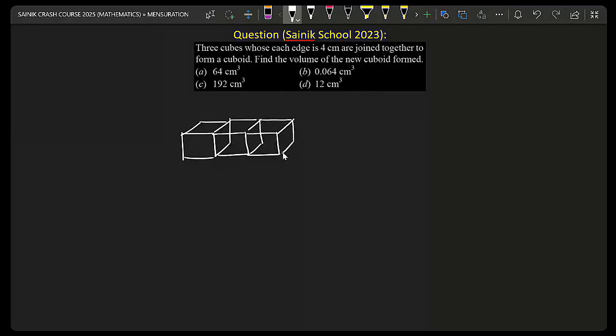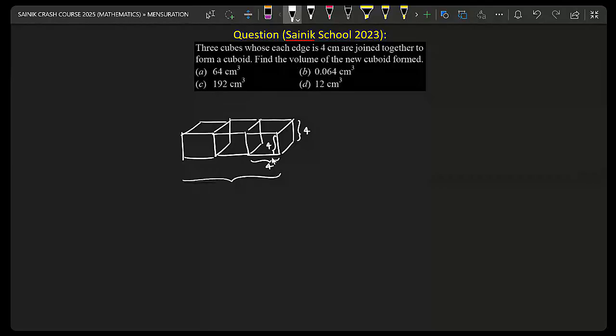Now, what is the edge of each cube? Sir, 4. So this is going to be 4, this is going to be 4, and the height also is going to be 4. These are the dimensions of the cube only, but I want the cuboid dimensions. Sir, so first we have to find one cube volume.